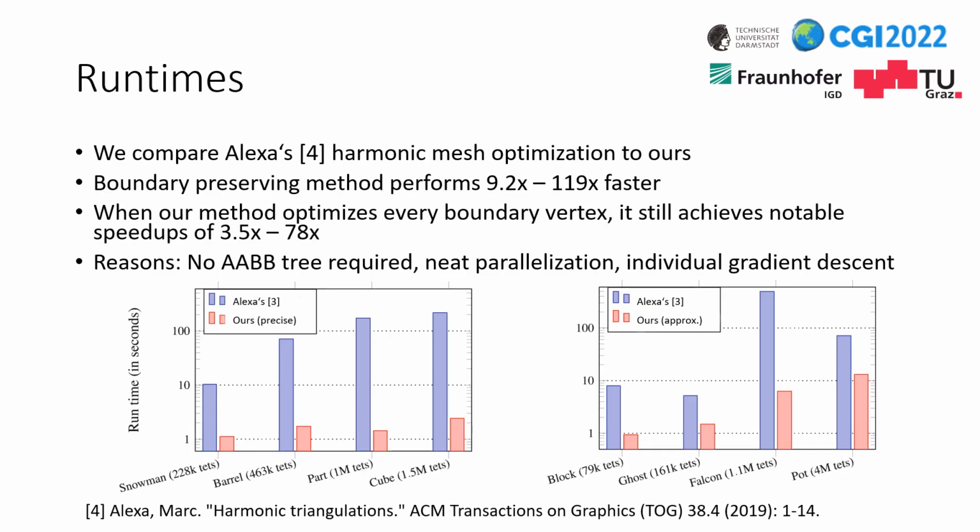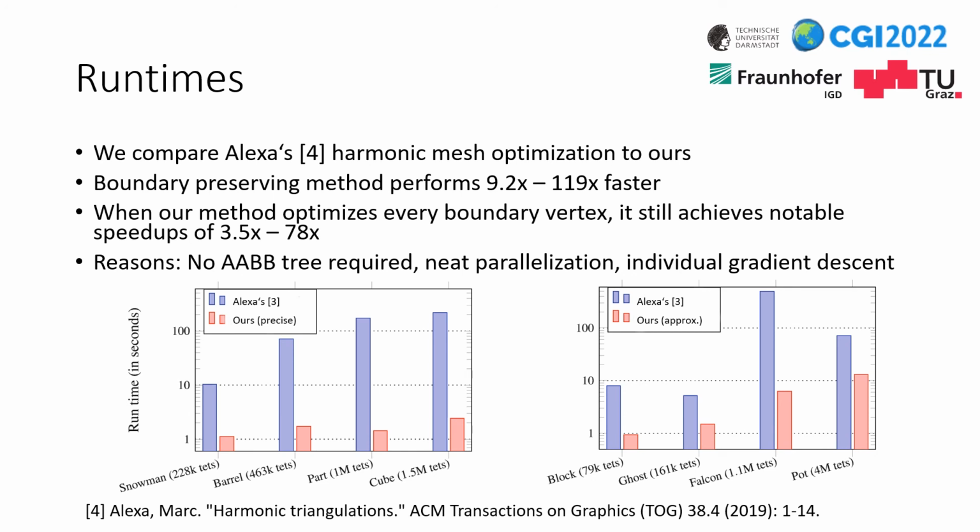We finally compare runtimes of our method and the original harmonic mesh optimization method. For the boundary preserving method, we find speedups of 9 to 119 times. This is notable. When our method optimizes every boundary vertex along the input surface, it introduces additional branching, but still we achieve notable speedups of 3.5 to 78 times.